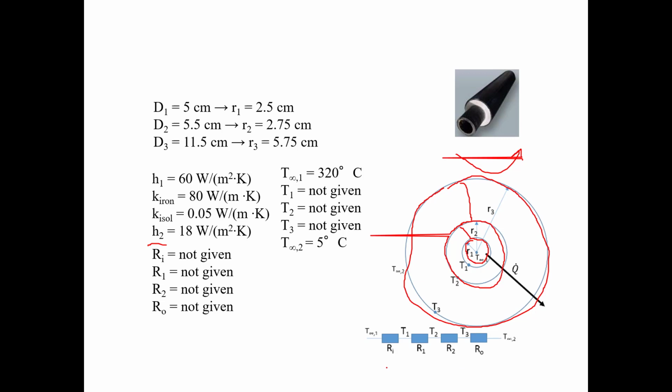Okay, so if you use the analysis that we did in lecture 6 and also in the problem sheet of lecture 5, you can see that we have the convection resistance, then we have the conduction resistance, second conduction resistance, and finally we have the convection resistance. So we have four resistances in series. Okay, and these are the inside temperatures and outside temperatures. We don't know anything about the intermediate temperatures.